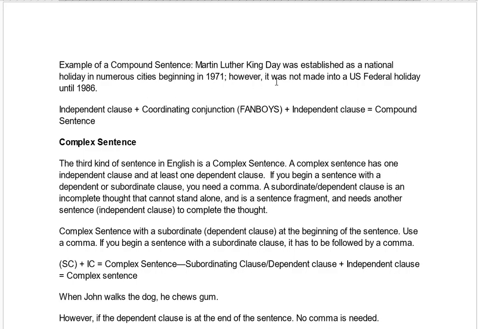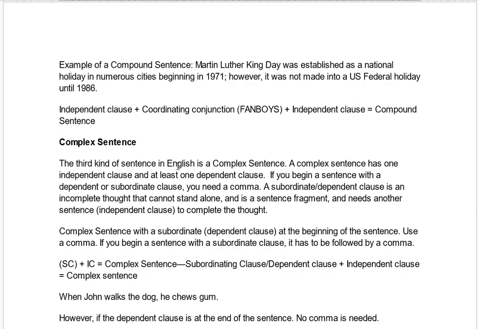However, comma, it was not made into a U.S. federal holiday until 1986. So here you have an independent clause, a coordinating conjunction, fanboys, and another independent clause. This is the formula for a compound sentence because the word compound simply means 2 sentences. So 2 sentences joined by fanboys is a compound sentence.